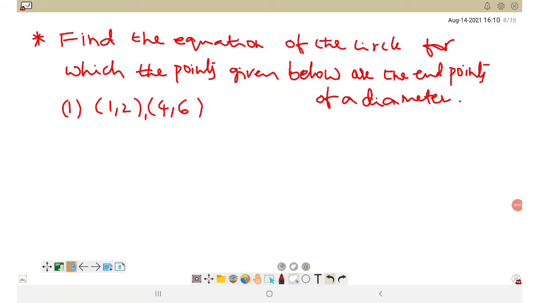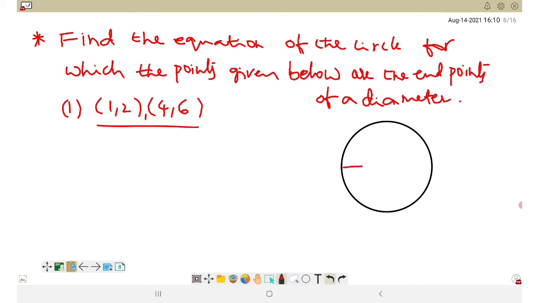Find the equation of the circle for which the points given below are the end points of a diameter. So the given points are end points of a diameter.